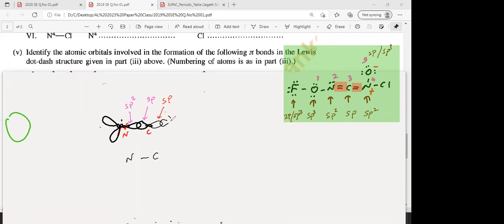So this also, sp linear overlapping, and then this will be like this. This is the other nitrogen. That is sp2. Look at the screen. So this is sp2.